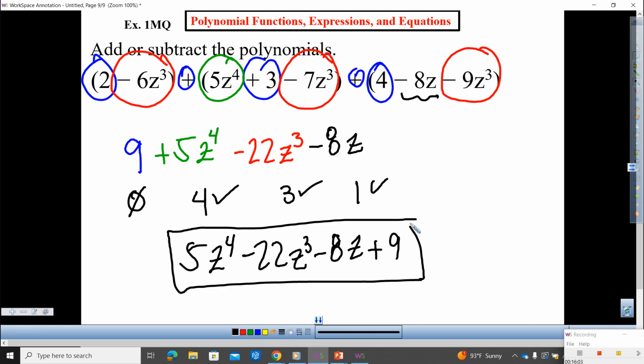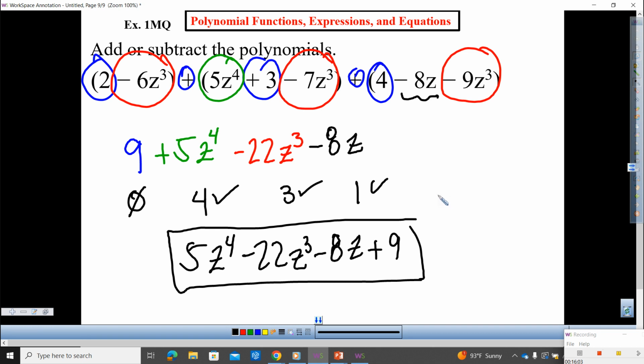Hands, have you got that? All right. Bonus question. Highest degree is 4. 4 terms. Tell your neighbor the name of that polynomial. What is the name of that polynomial? Brandon's got it.